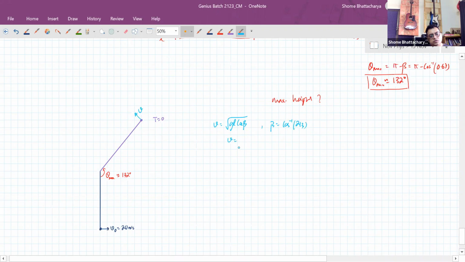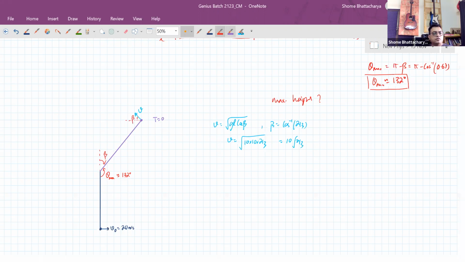So V was 10 root 2 by 3. Now you'll also understand that at this position, because this angle, pi minus theta, was beta, therefore now this angle will be beta.